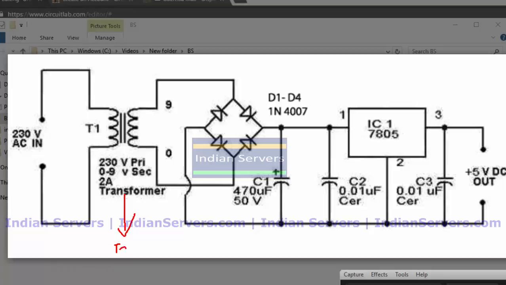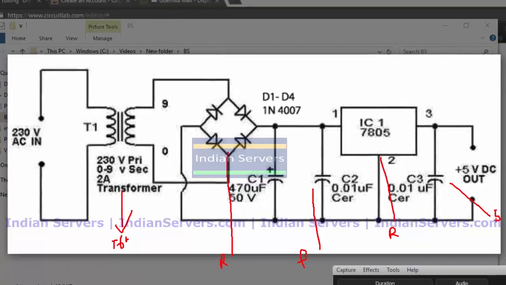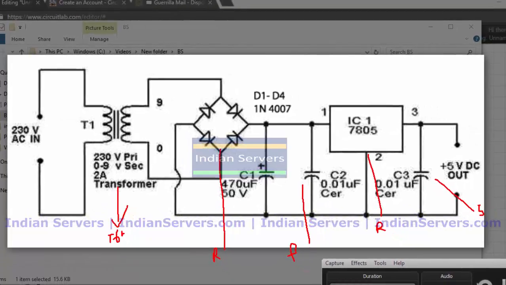Second one is rectification. Third one, filtration. Fourth one, voltage regulation. After that, we will get our required voltage. So here in total we have 4 steps.